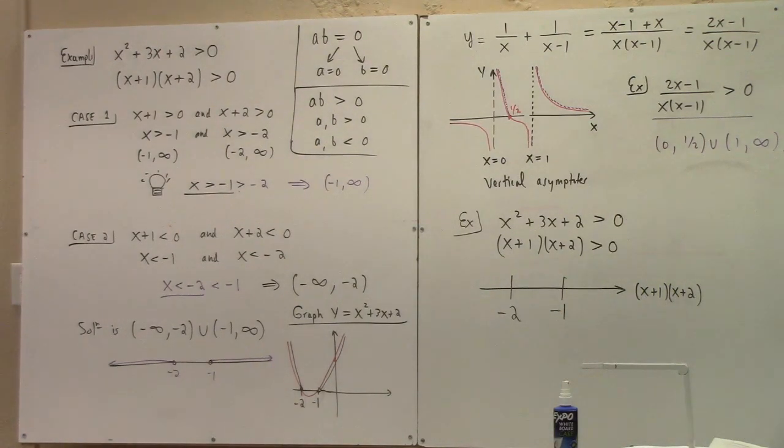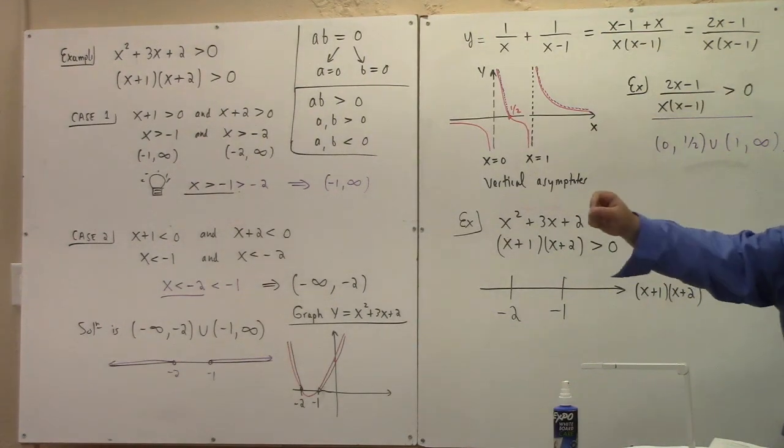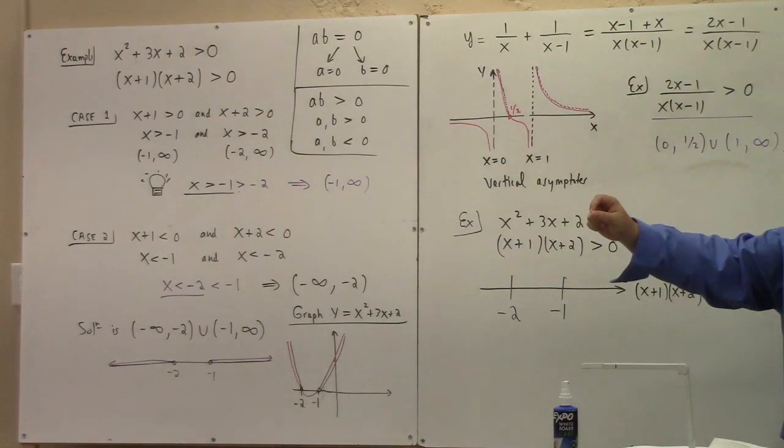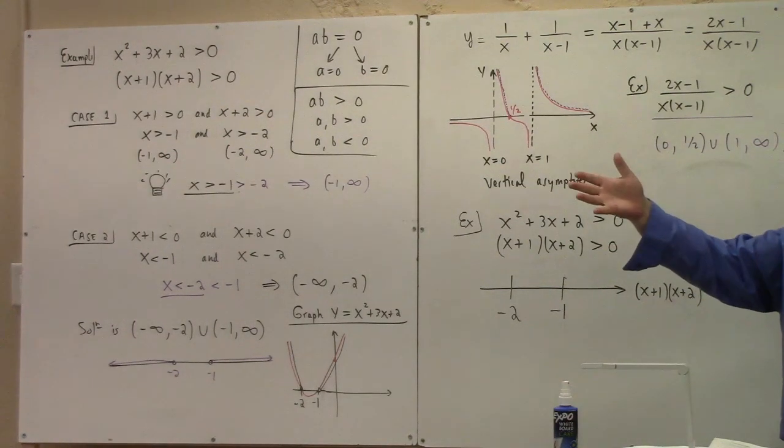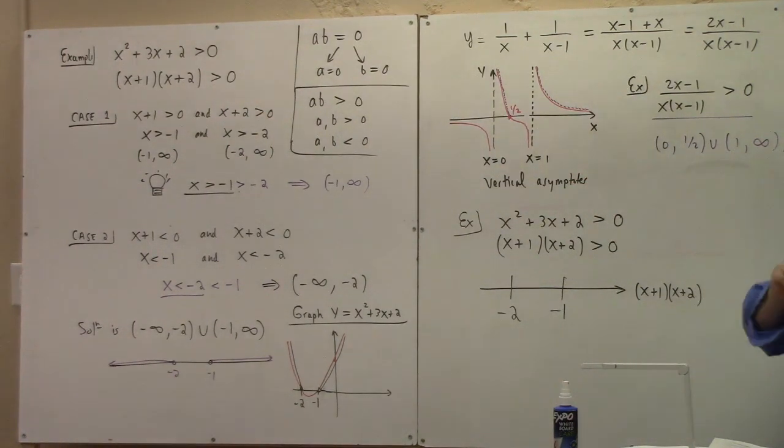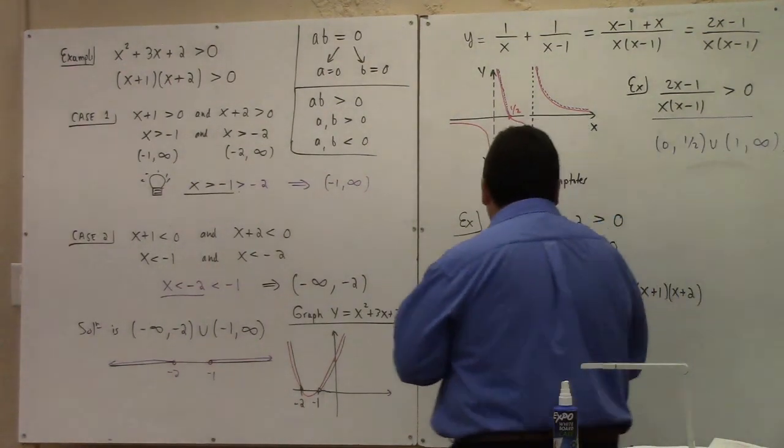And now I just choose a test point in each subinterval. So you just got to tell me one number to pick. We pick any number, plug it in, -3. Very good.